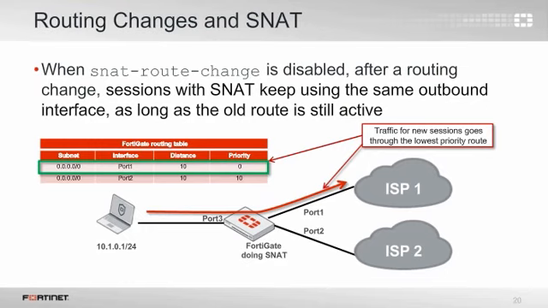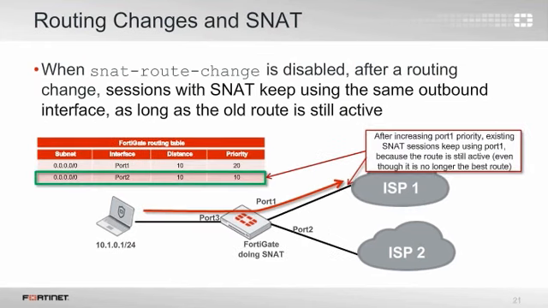The FortiGate routing table contains two default routes, one for each ISP. The two default routes are the same distance, but have different priorities. The route with the lowest priority, port 1, is the primary. When both ISP connections are up, the primary route is selected by FortiGate for Internet traffic. So all sessions to the Internet are created using port 1 as the outbound interface.